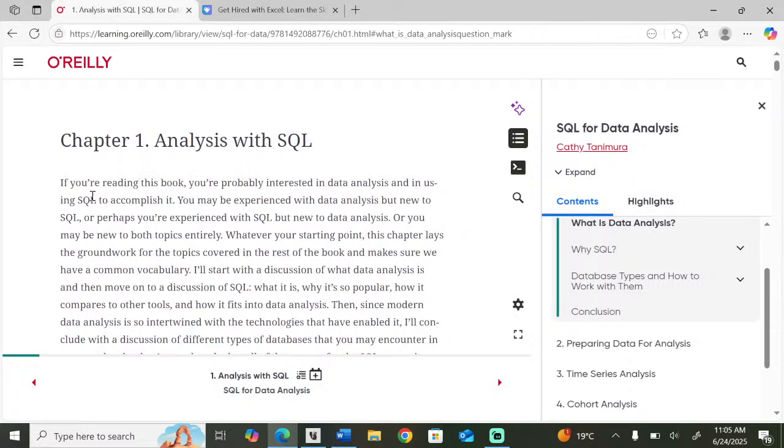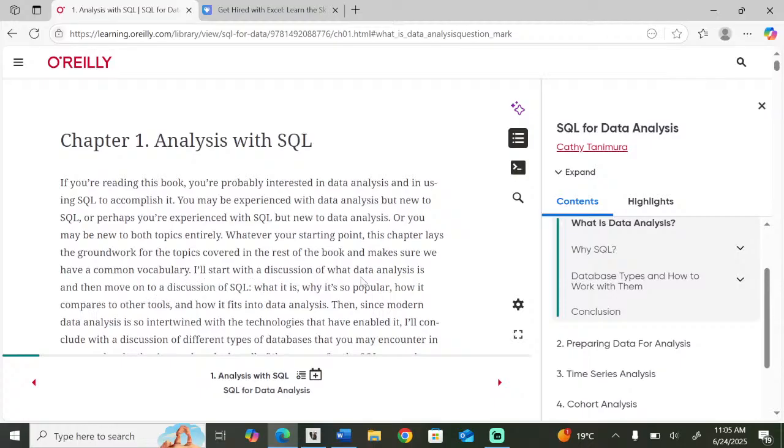Analysis with SQL. If you're reading this book, you're probably interested in data analysis and in using SQL to accomplish it. You may be experienced with data analysis but new to SQL, or perhaps you're experienced with SQL but new to data analysis, or you may be new to both topics entirely. Whatever your starting point, this chapter lays the groundwork for topics covered in the rest of the book and makes sure we have common vocabulary.